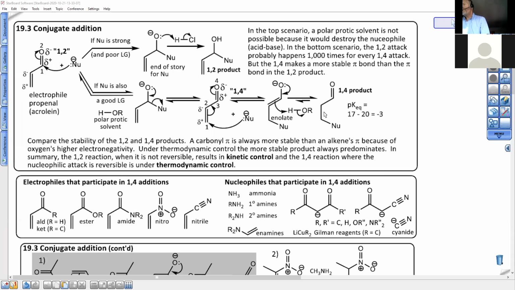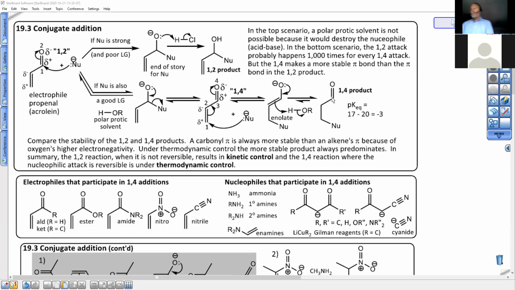So now what we're going to do is ask ourselves, when equilibrium is allowed to happen, which of the two products is going to be favored? The 1,2 or the 1,4? And the answer is, if equilibrium is allowed to happen, a pi bond between carbon and oxygen, which is the weakest link in this molecule, is more stable than the pi bond between carbon and carbon in this molecule. That's a more stable pi because oxygen's more electronegative.